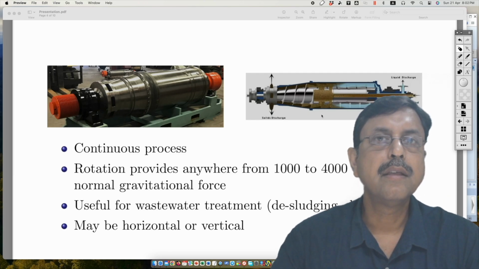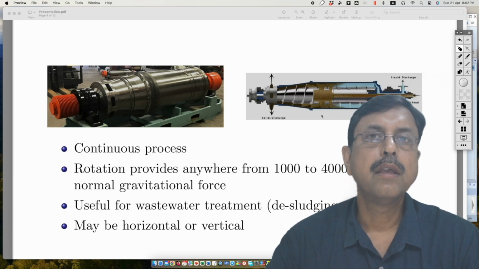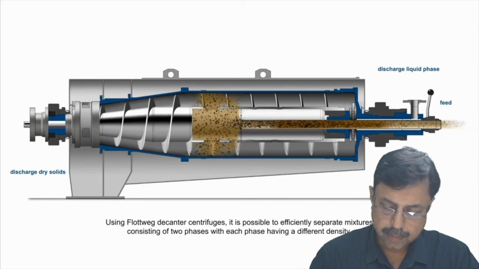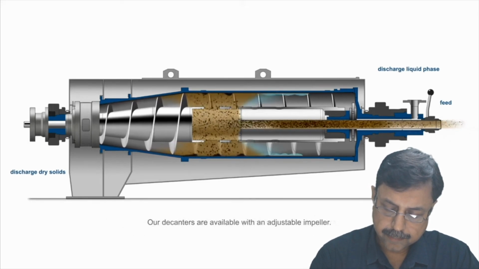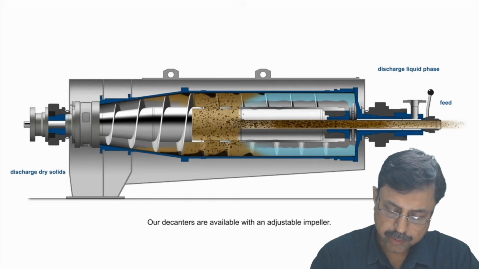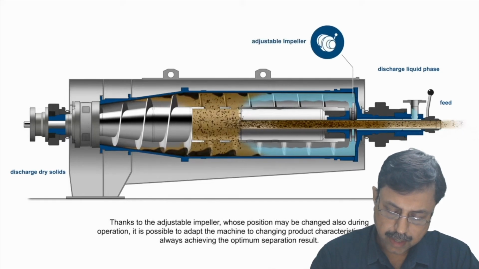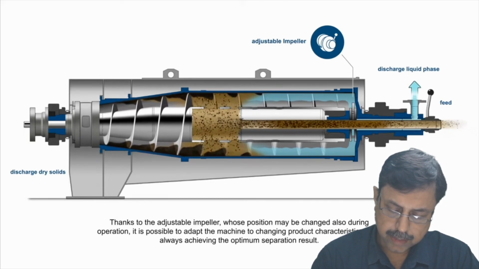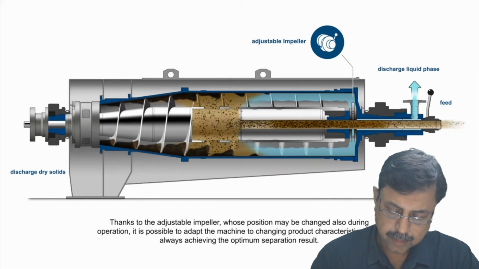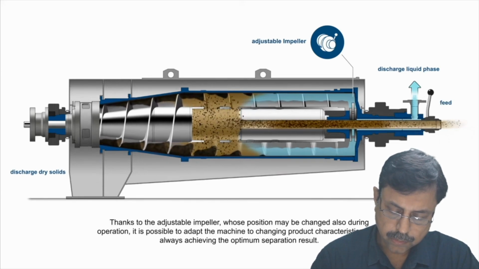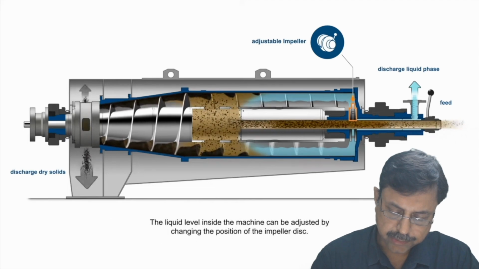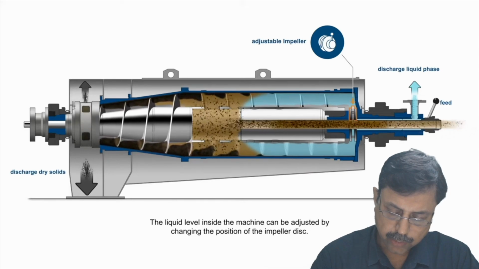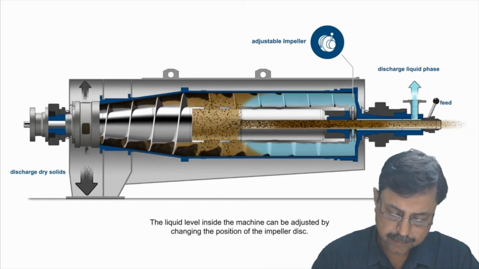Now let us see a YouTube video. It nicely shows through animation how this centrifuge works. The feed enters. Feed contains both solid and liquid, and somewhere in the middle the entire thing gets distributed. The screw goes forward and it pushes the solid, and liquid is going rightwards.